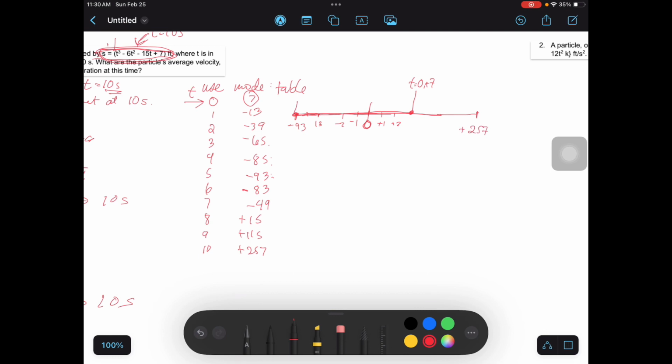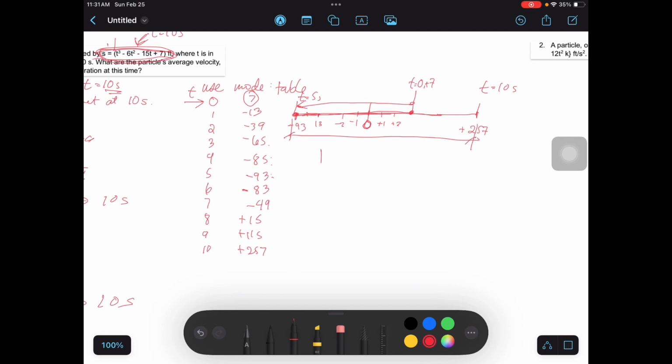So, this is sa time na 5 seconds. This is time na 10 seconds. So, kung i-evaluate mo, ito yung total distance niya.